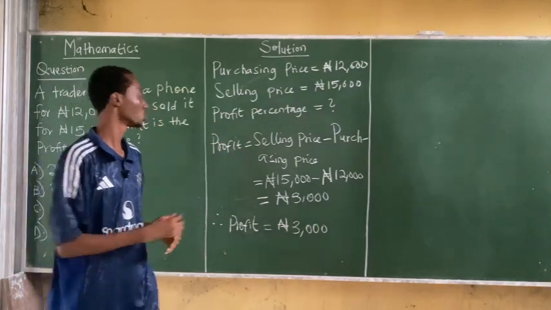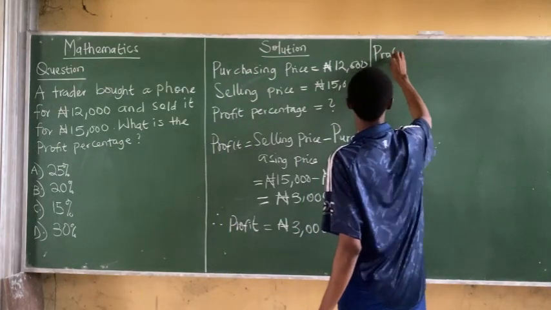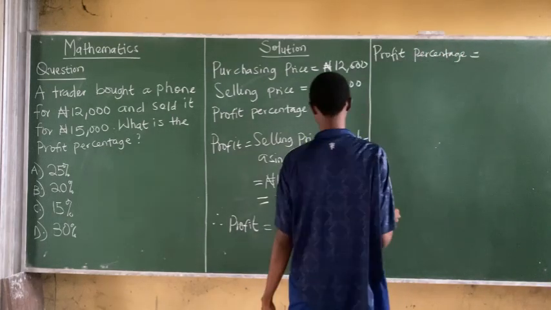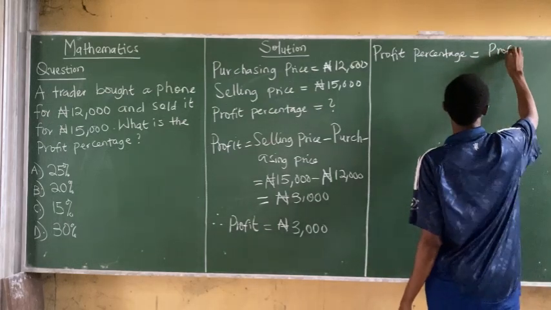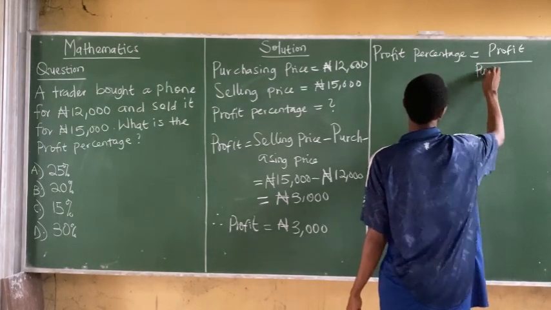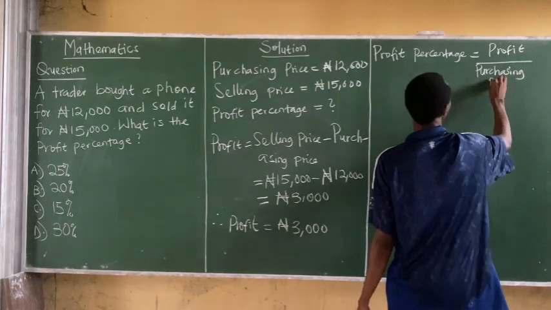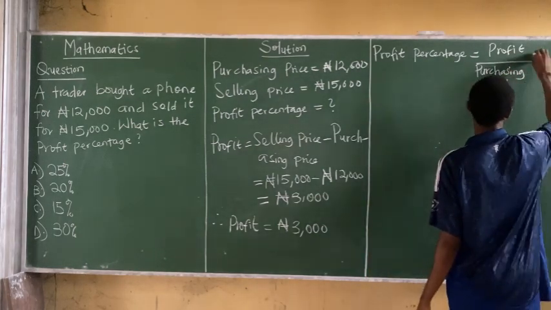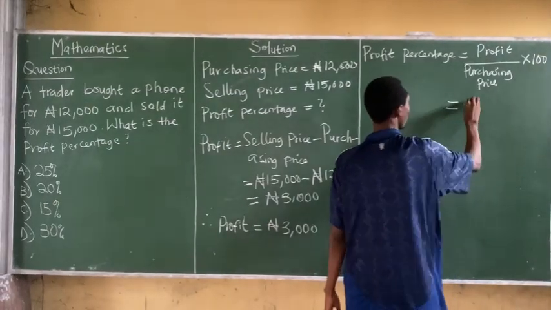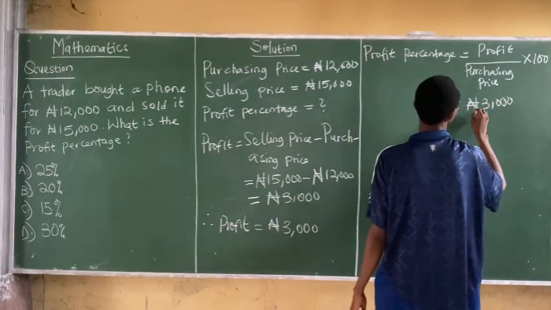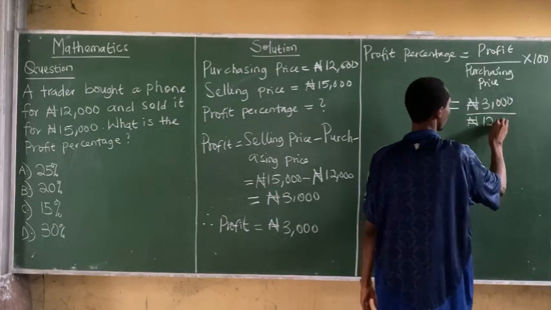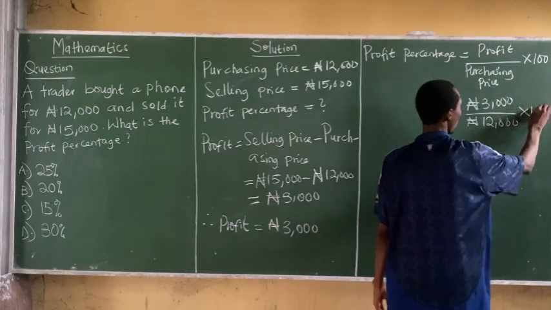We are asked to find the profit percentage and not the profits. So to find the profit percentage, we say profit percentage is equal to the profit divided by the purchasing price times 100. The profit is 3,000 naira, divided by the purchasing price, 12,000, times 100.